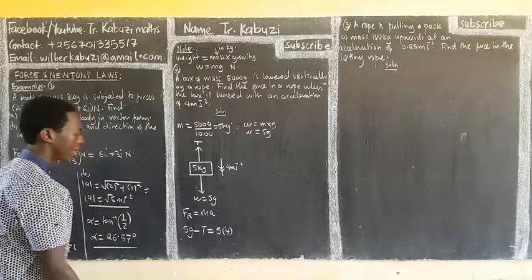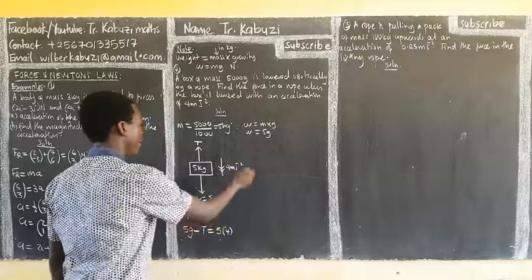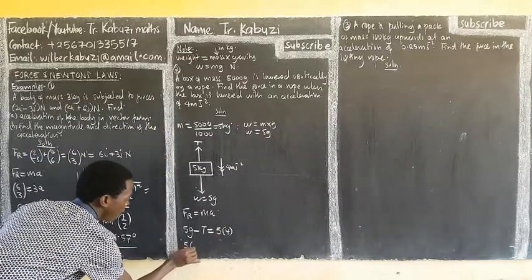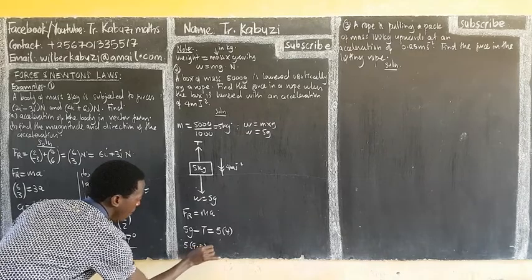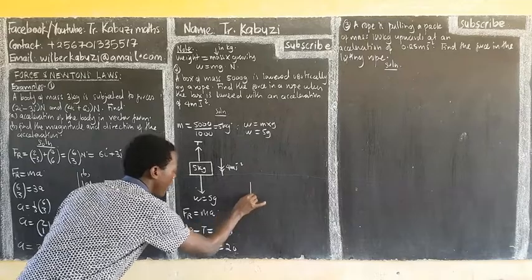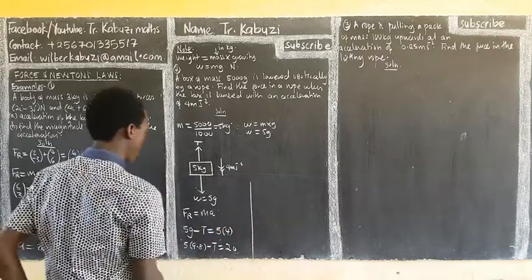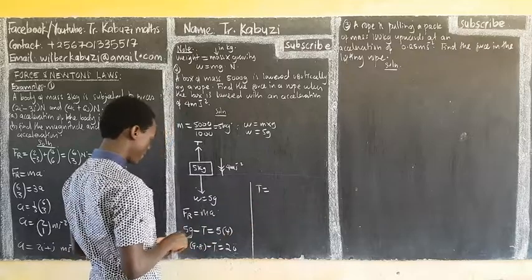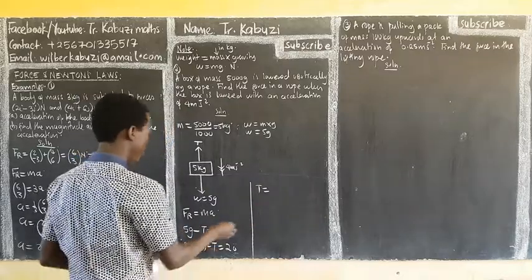So from there, you can easily see this will be 5 into 9.8 minus T equals 20.